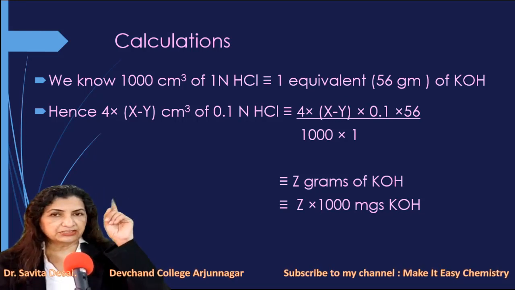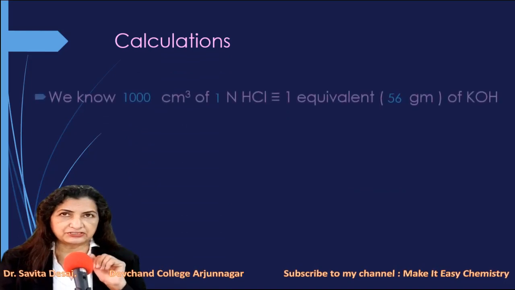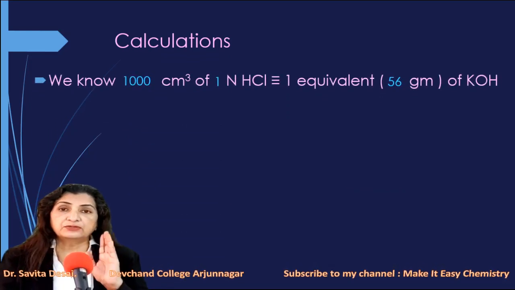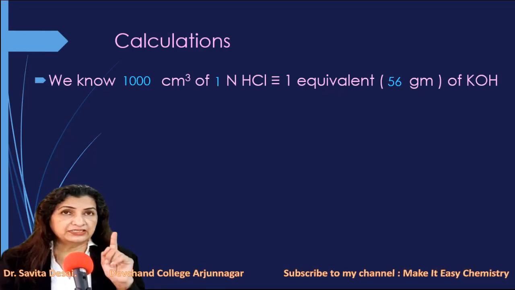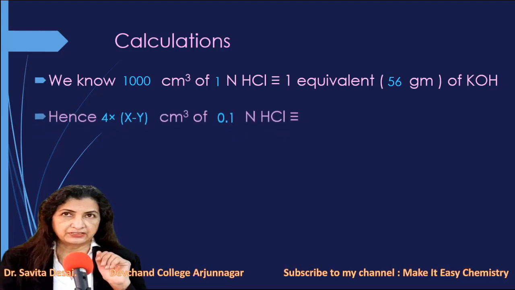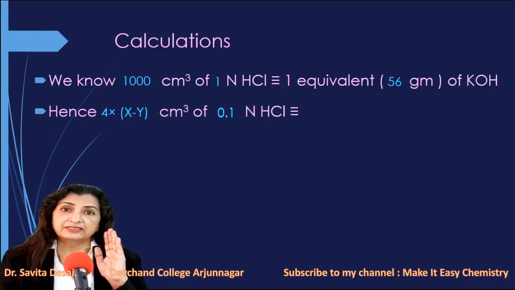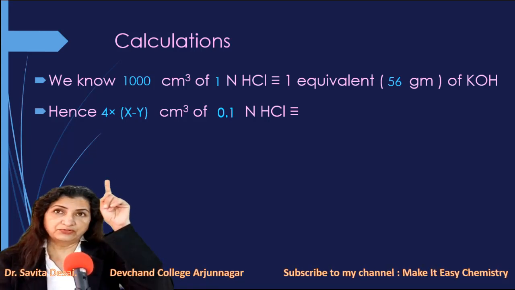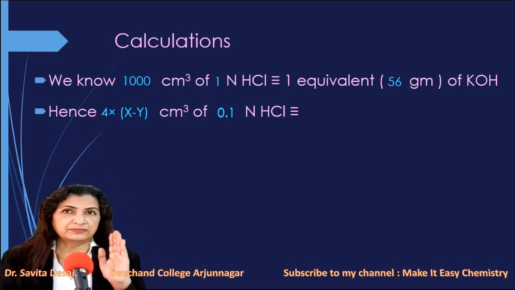How this calculation works, we can understand perfectly with the help of the animations. We know 1000 cm cube of 1 normal HCl corresponds to 1 equivalent, that is 56 grams of KOH. So how much weight of KOH will correspond to 4 into X minus Y cm cube of 0.1 normal HCl?